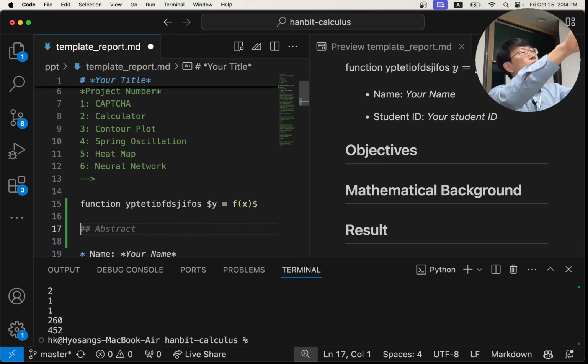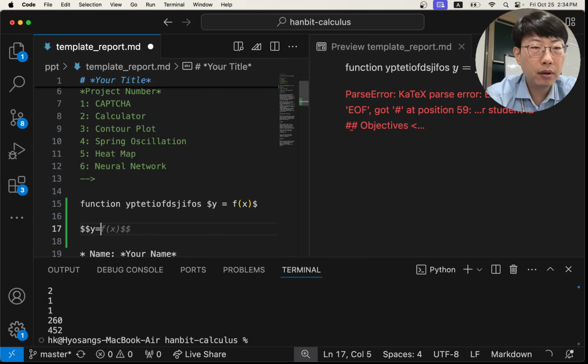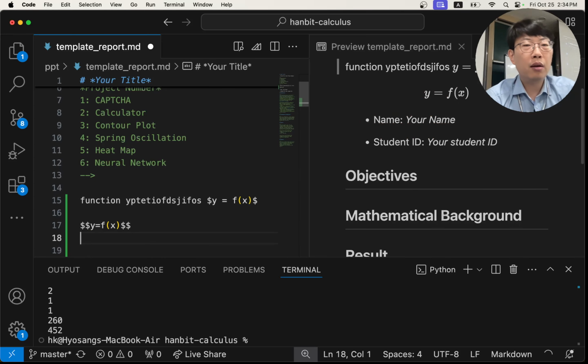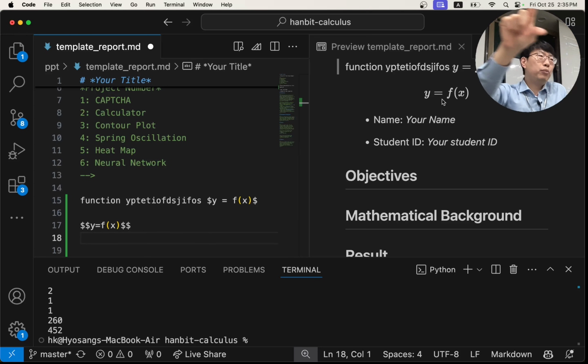And if you want a formula on a separate line, then you can use double $ symbols here, so you can see that it's a separate line formula across the entire span of this line.